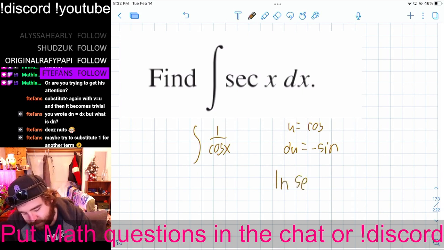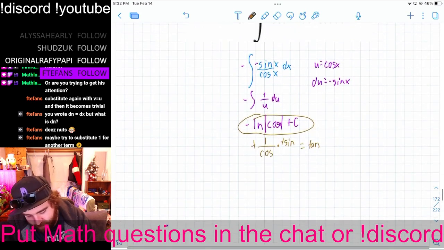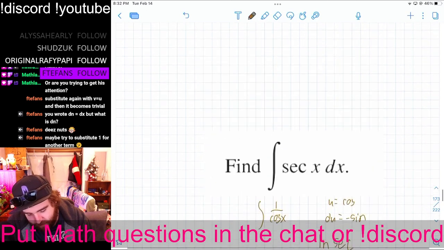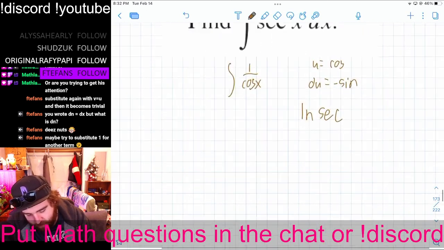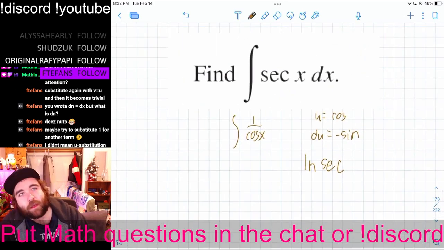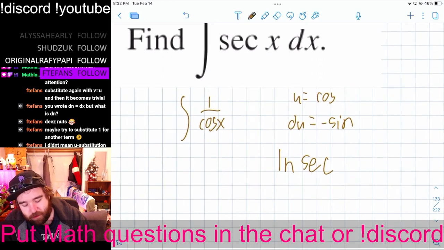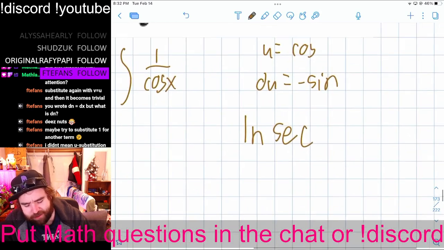Maybe just what's the derivative of the ln of secant? Wait, what? That's tangent, isn't it? What did we just say? We just said the derivative of the ln of cosine was tangent. But here, what's the derivative of the ln of secant? Oh, well, secant and cosine go together. That's why. Yeah. The ln of secant is also tangent.